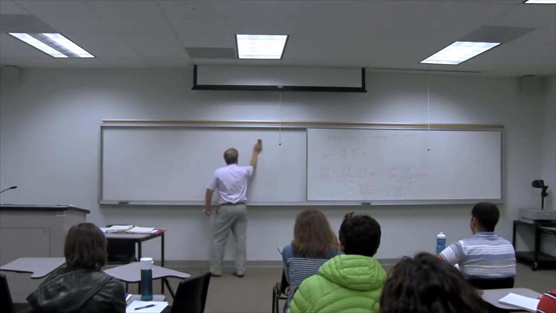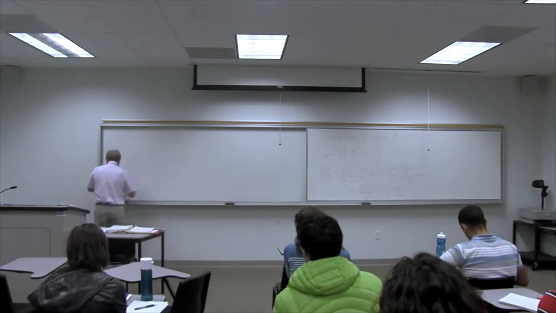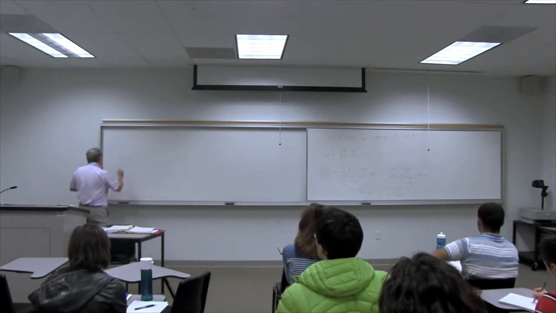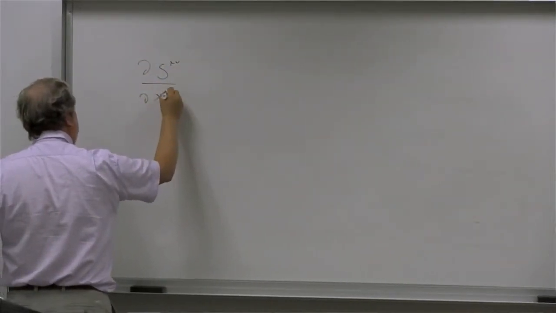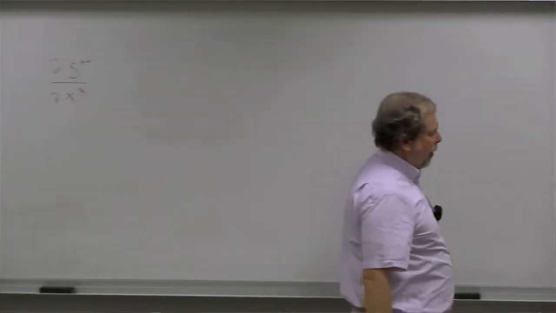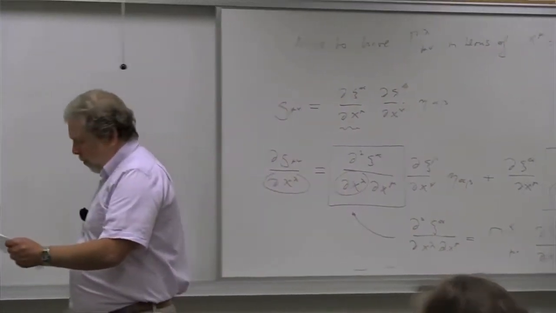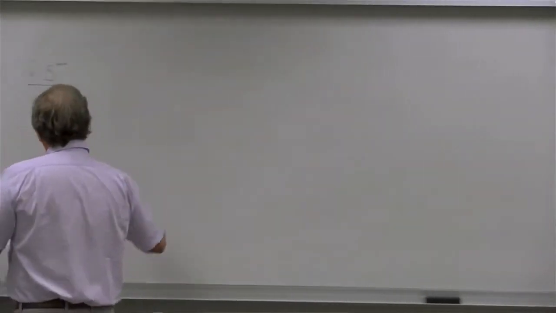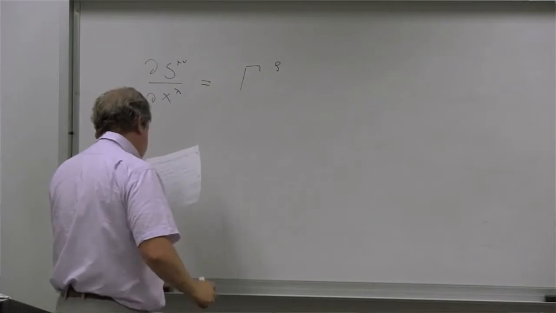So we have that the derivative of g mu nu with respect to x lambda, which is what we calculated here, is going to be equal to some gamma. So the gamma is the gamma rho with lambda mu.